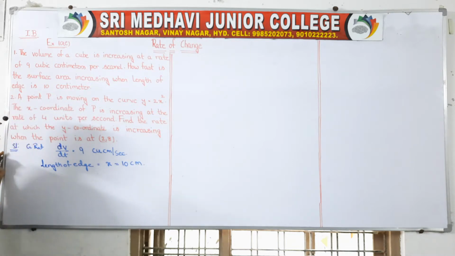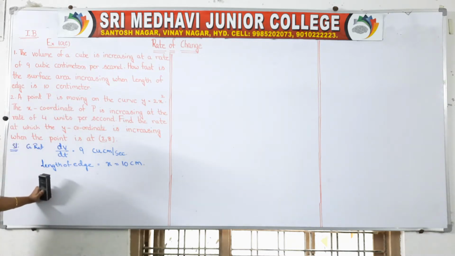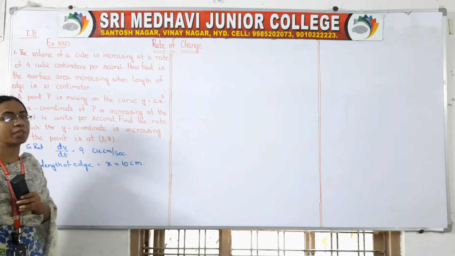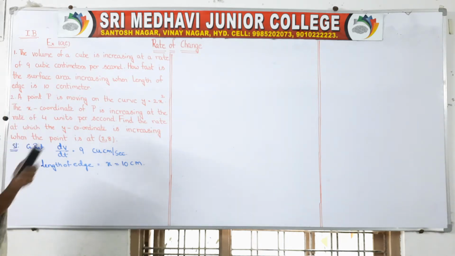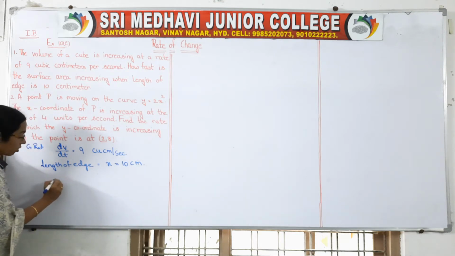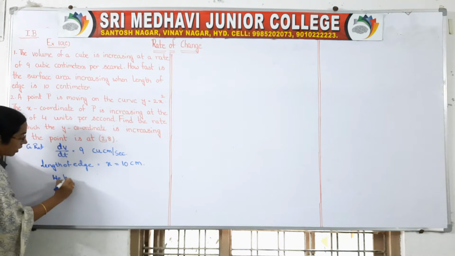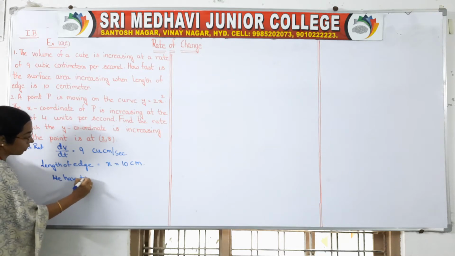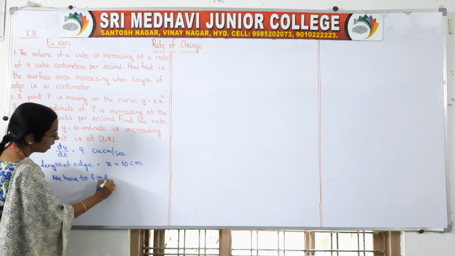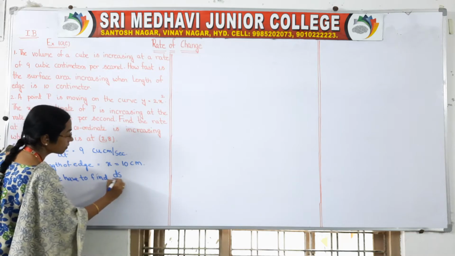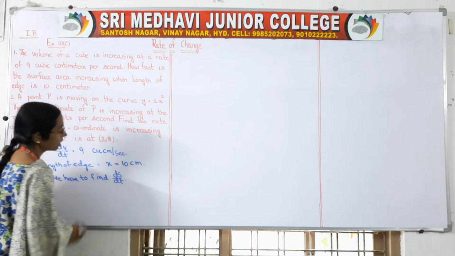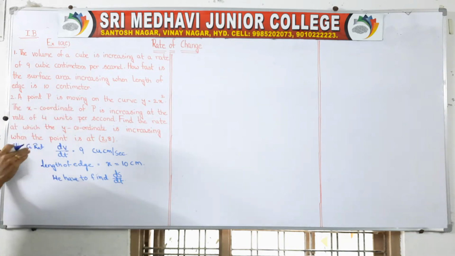We considered the length of the edge as x, and it is given that when x is 10 centimeters, what is the increase in our surface area? Which value do we have to find? dS by dt, the rate of increase in surface area.